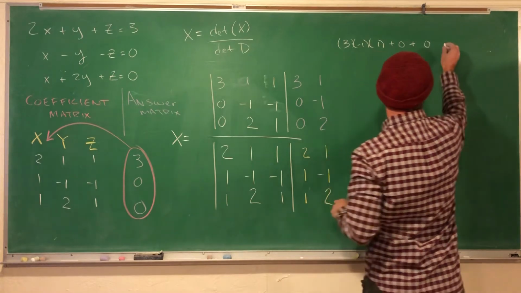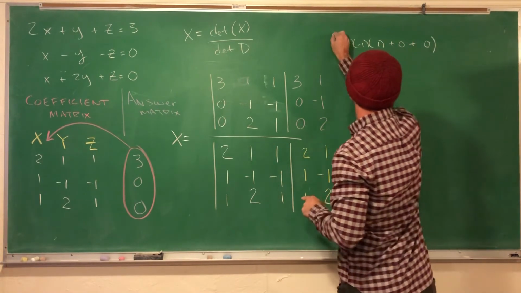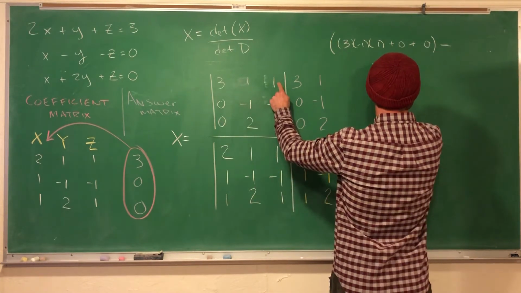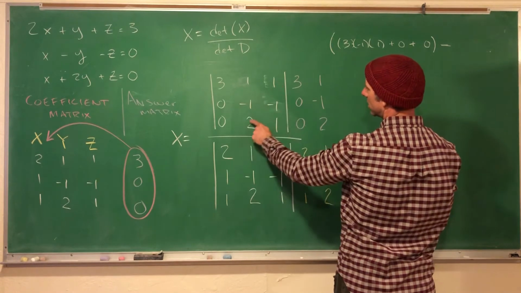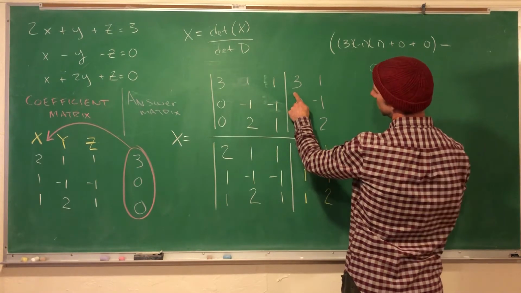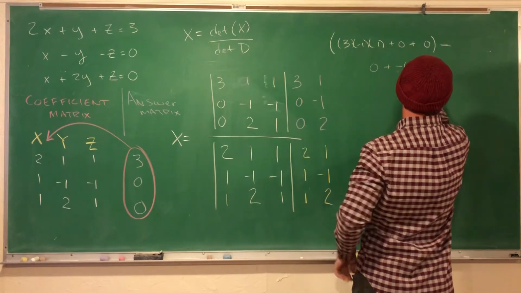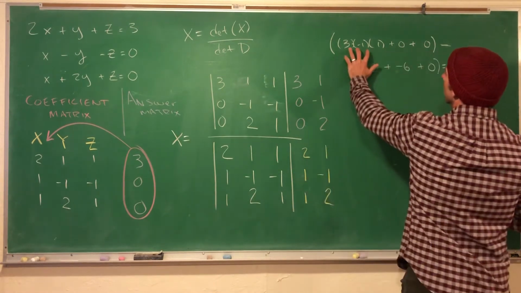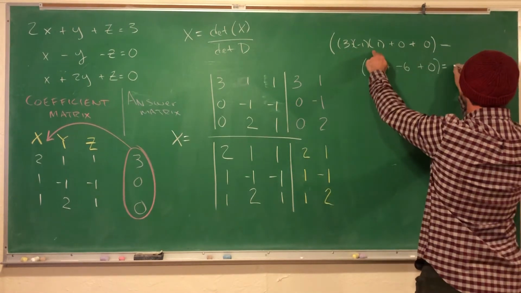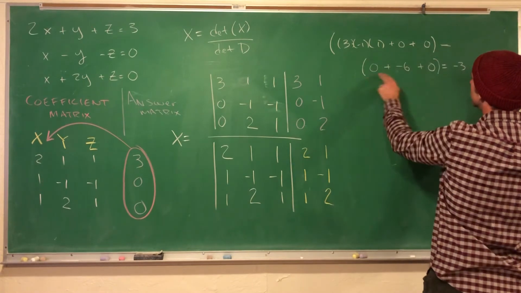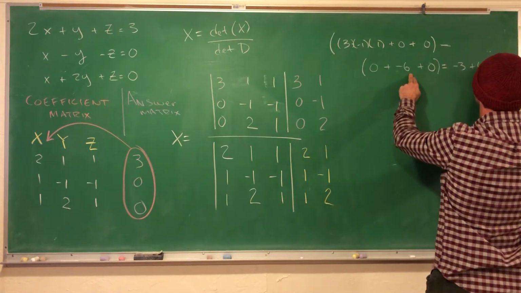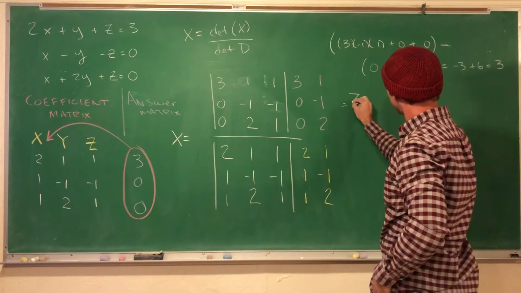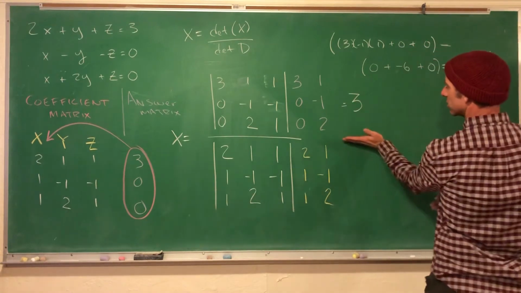That's going to be that, minus the other direction, 0, plus negative 6, plus 0. Up here, this is negative 3 plus 6 equals 3. So my numerator is 3.